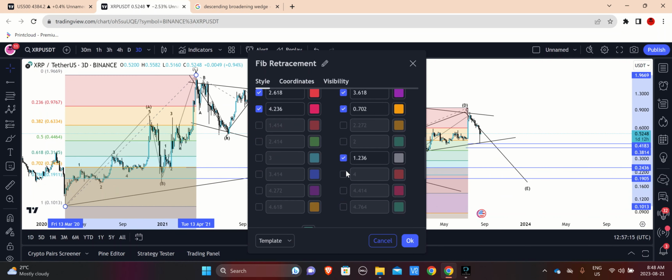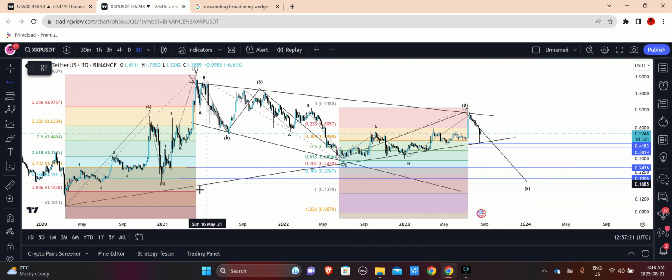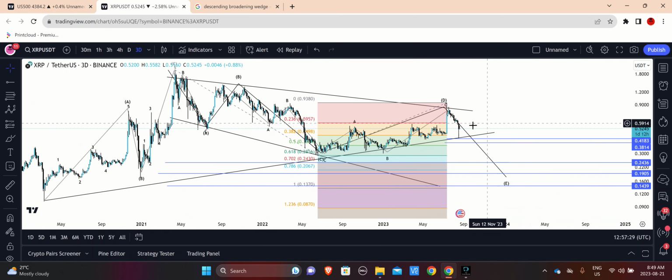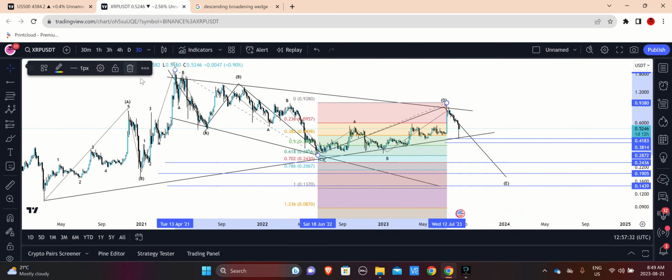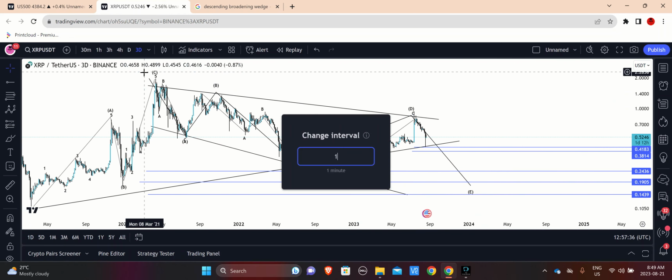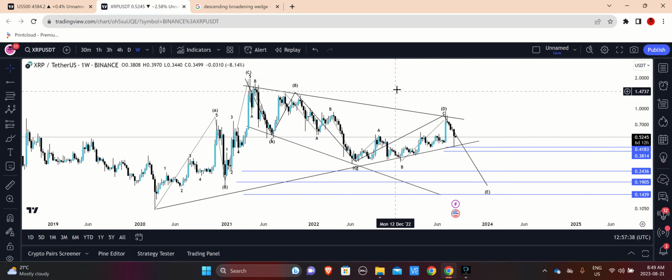We can't forget the 0.886. That would be a very deep correction. And then we also have the 1.0, which is around your 100% fib. So you have 3 DCA zones if it were to go below the 0.786. Okay? So now you have a full chart, a full roadmap of XRP.